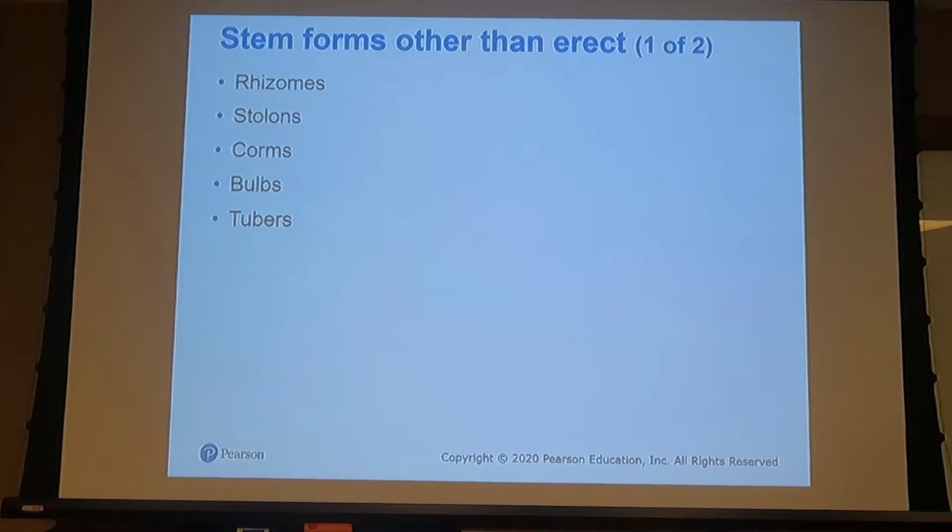So we have different types of stems. We have rhizomes, stolons, corms, bulbs, and tubers.